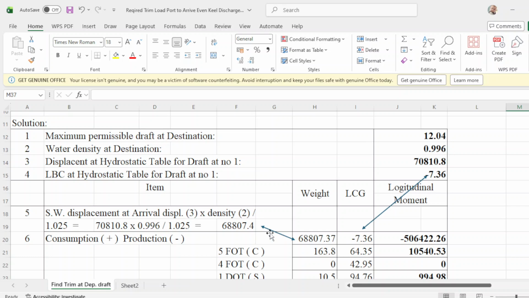When you apply your salt water, it is less, the displacement is less. So this is salt water, and this is dock water displacement. Okay, I hope that's clear.